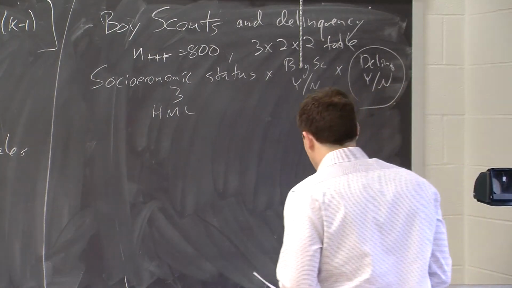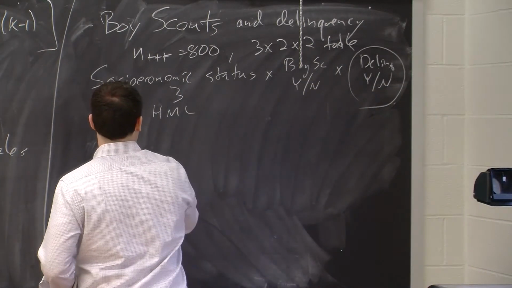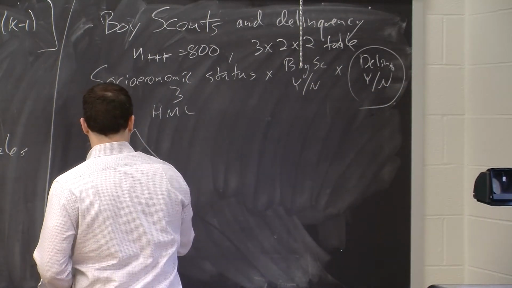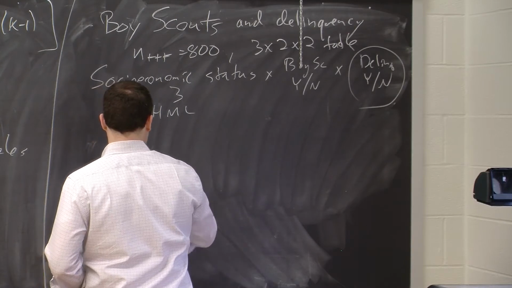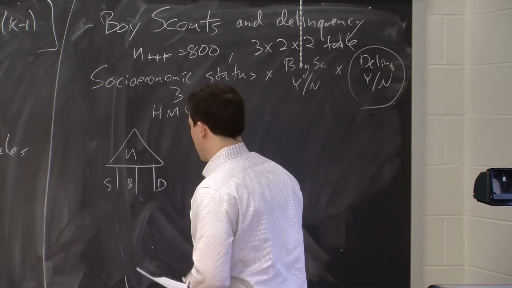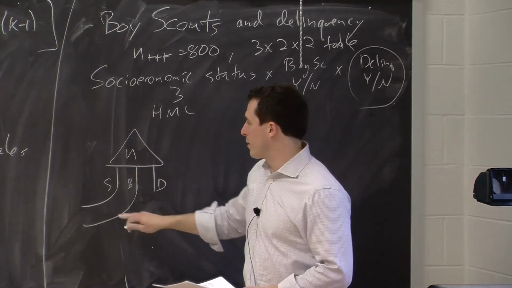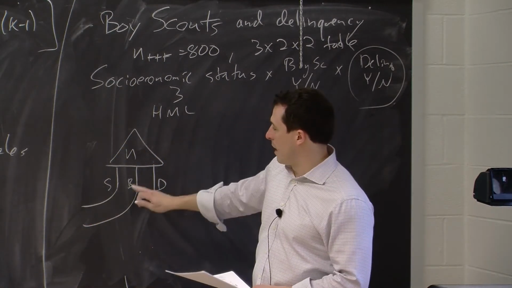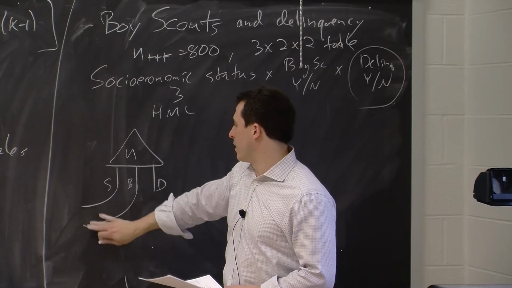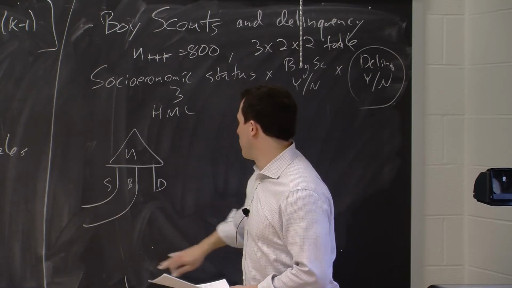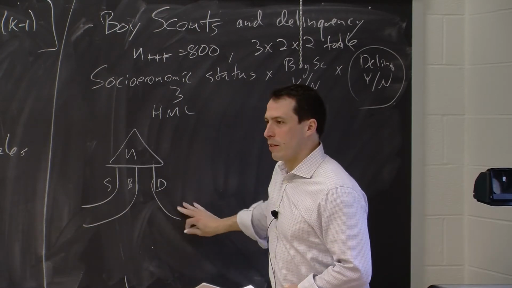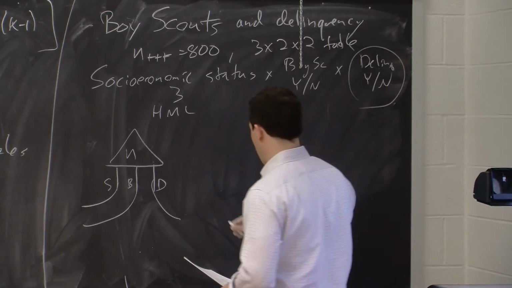And so we have some table n, and we present it by choosing a flattening. Boy Scout delinquency, as we say, we want to think about it as going from a linear transformation or a transformation of some kind that connects SES and Boy Scout and predicts delinquency. So we're going to present it that way.